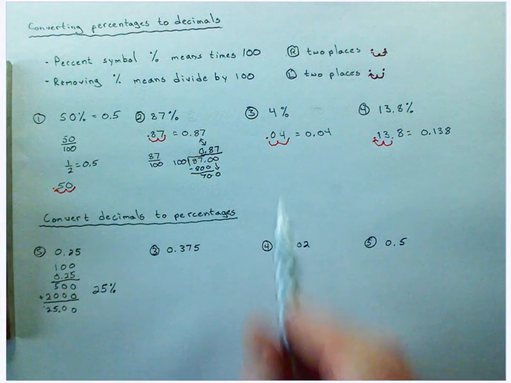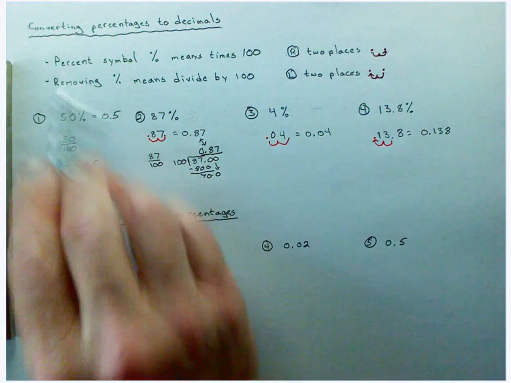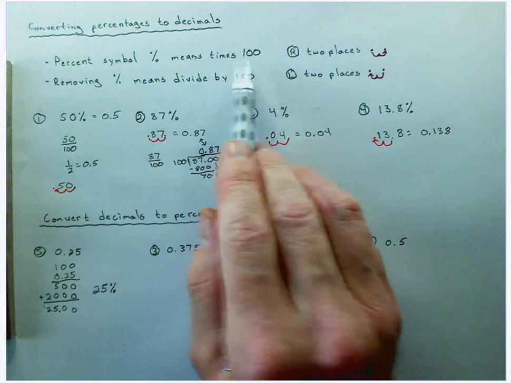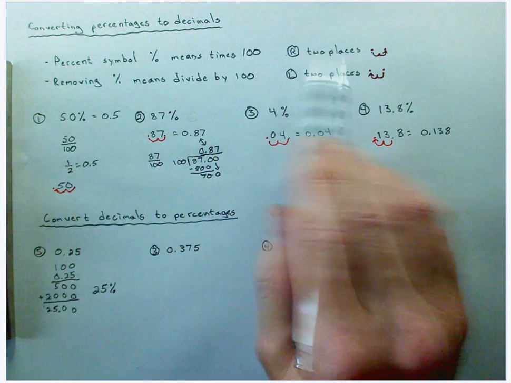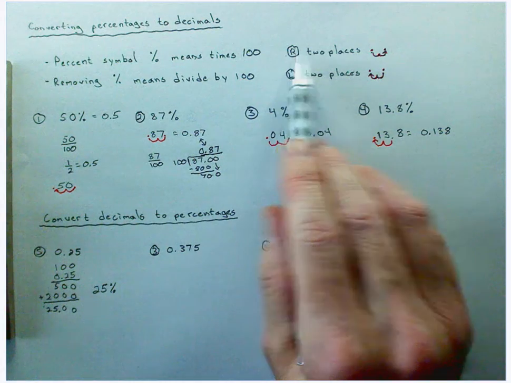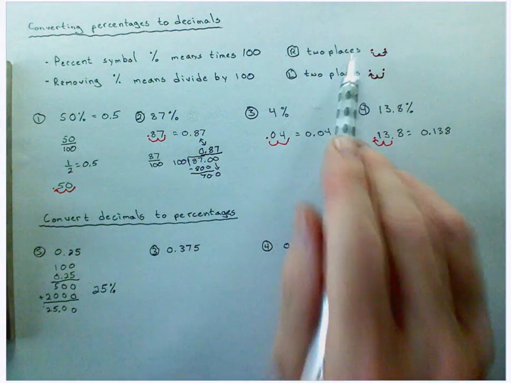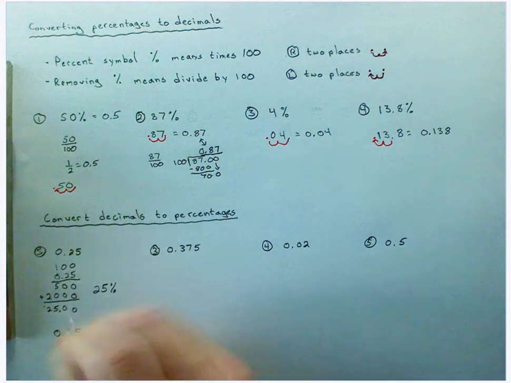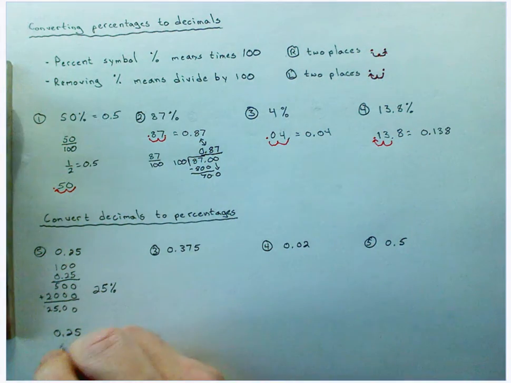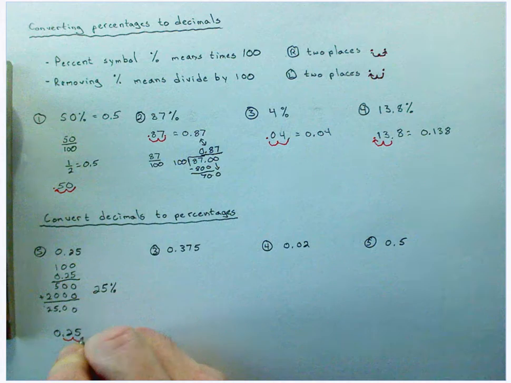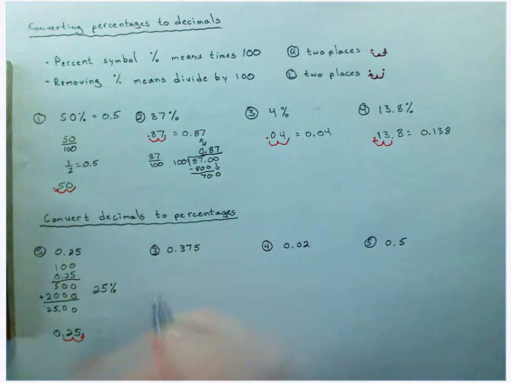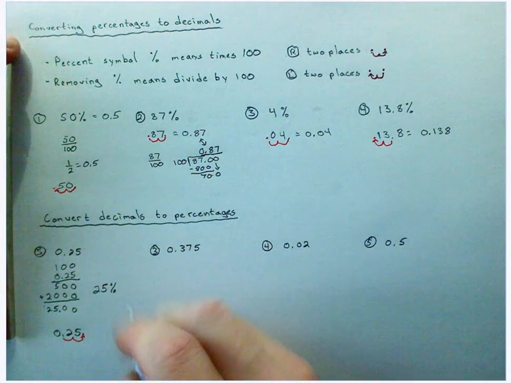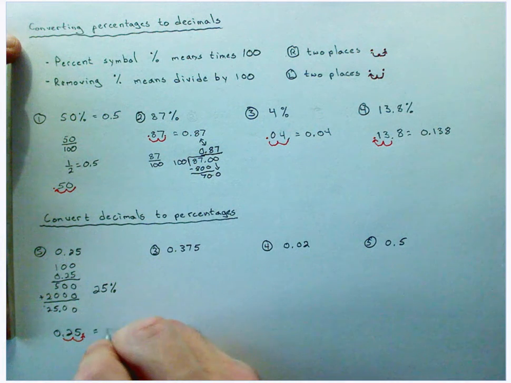Or I can view it as saying, okay, the percent symbol means times 100. So I just moved the decimal place 2 places to the right. So 0.25, and I'm going to go 2 spaces to the right. 1, 2. That's my new decimal place, and then I put a percent symbol on it. So what this equals is 25%.